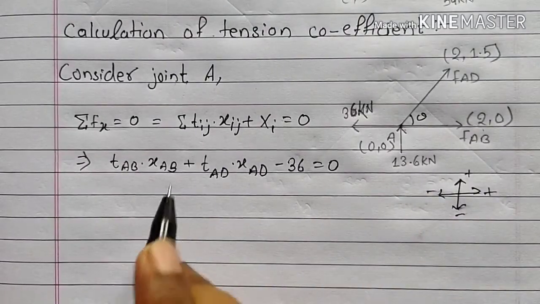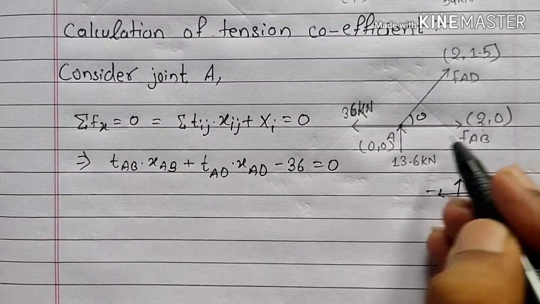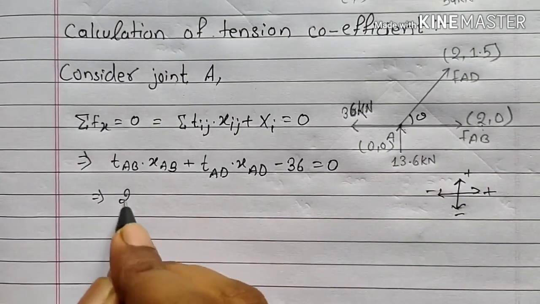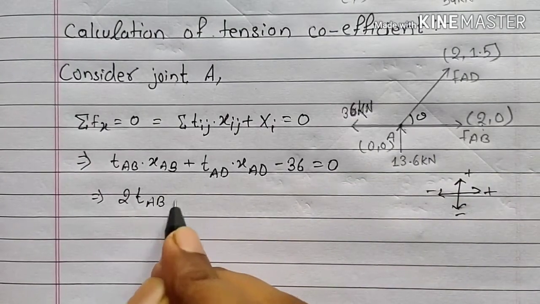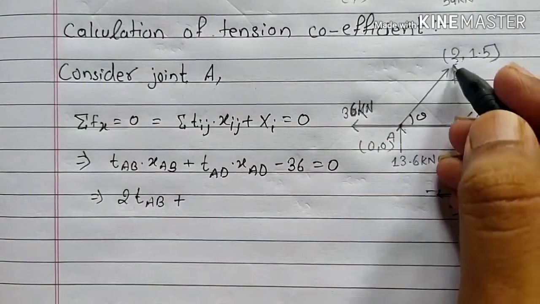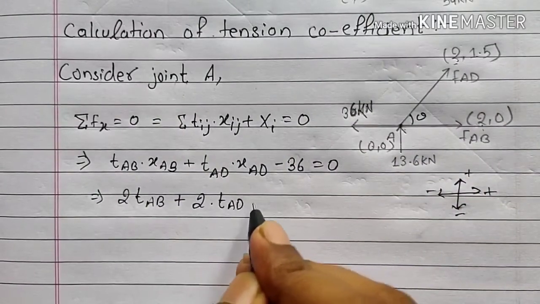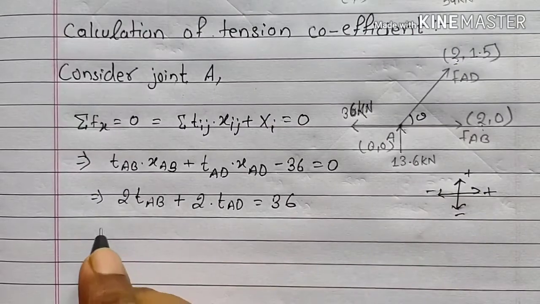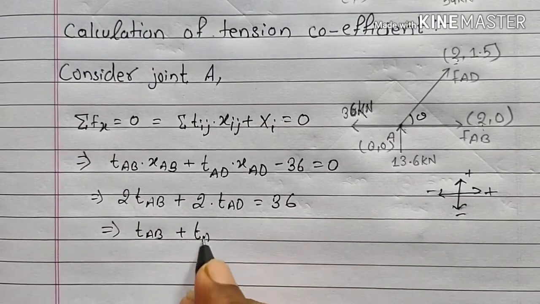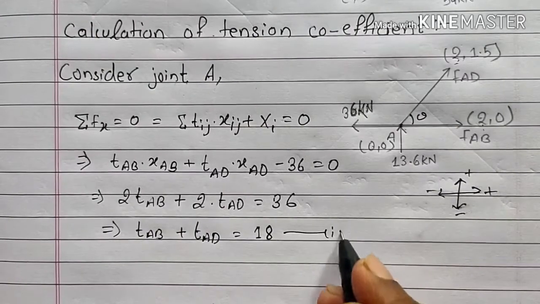And I told you that xij equals xj minus xi, and xj is 2 and xi is 0, so 2 minus 0 equals 2, so 2TAB plus, again here xj minus xi, 2 minus 0 equals 2, into TAD equals 36, and we will get here TAB plus TAD equals 18, which will be our equation 1.